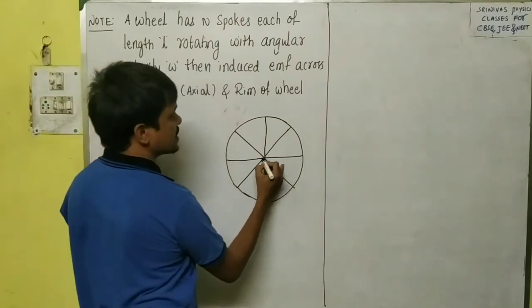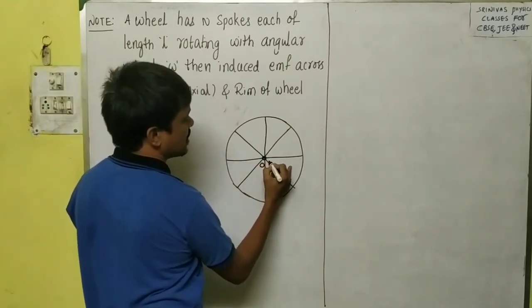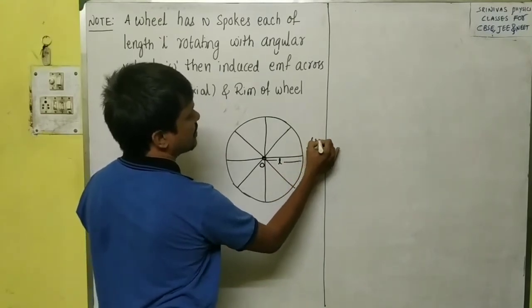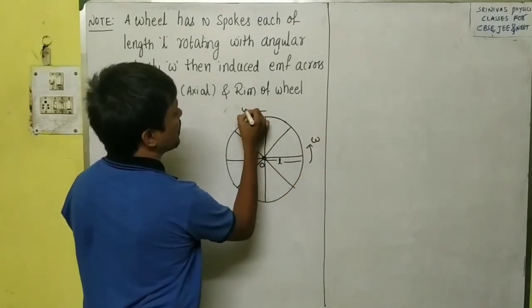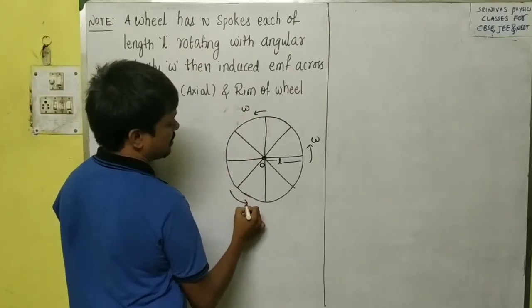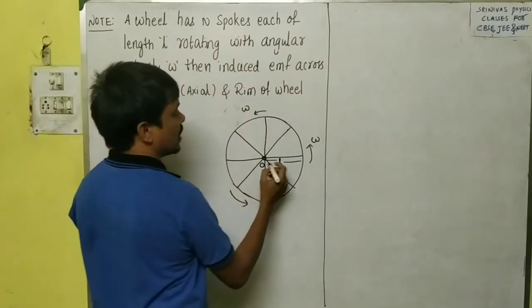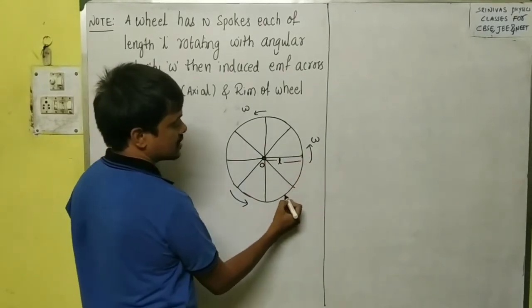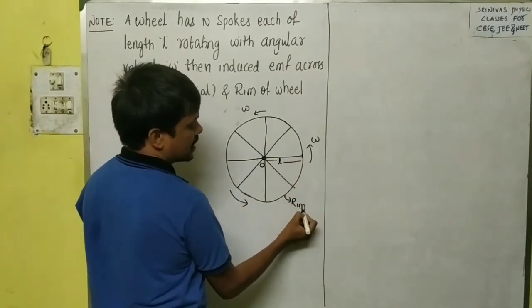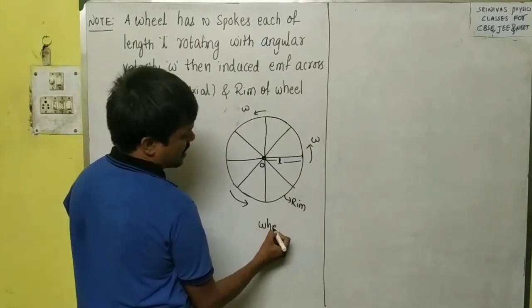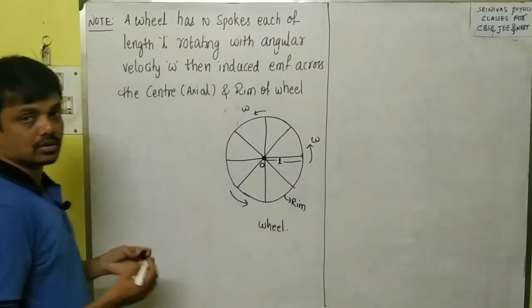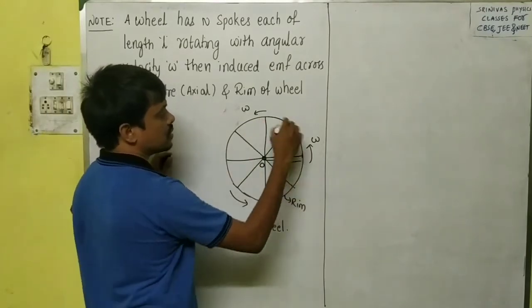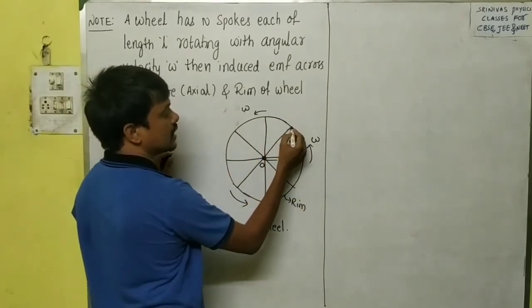Each spoke has length L, this is the center axle, and this wheel is rotating with angular velocity omega. This is the center and this is the rim of the wheel. It has n spokes. Then my question is, what is the induced EMF across the center and rim of the wheel?